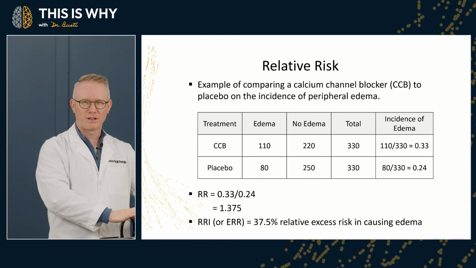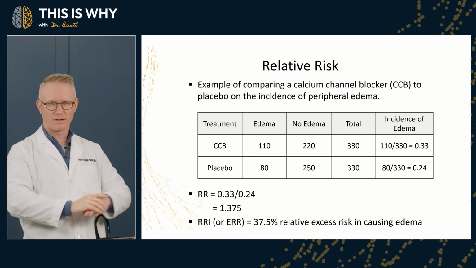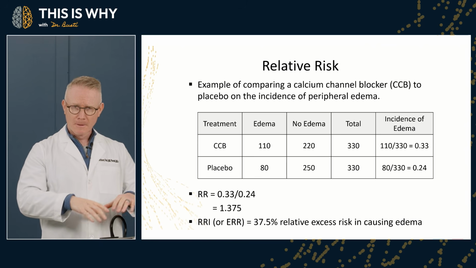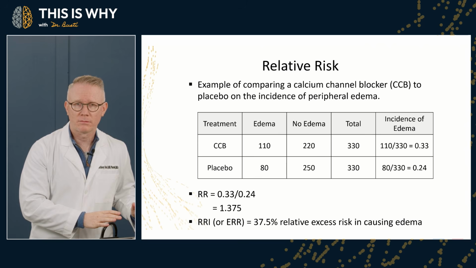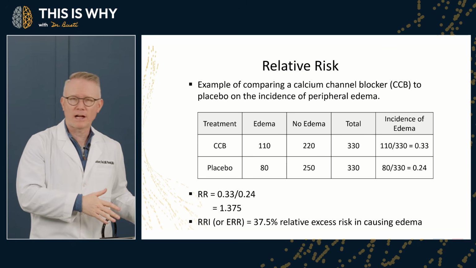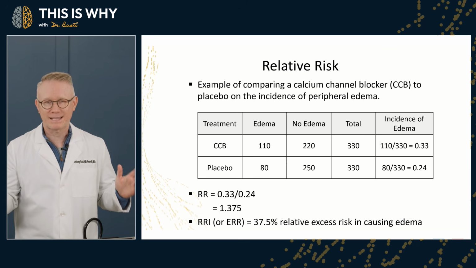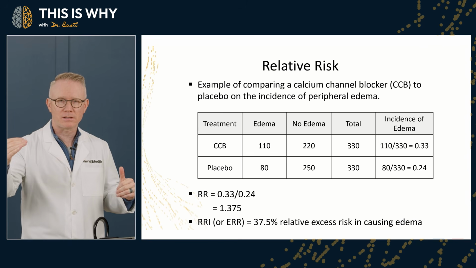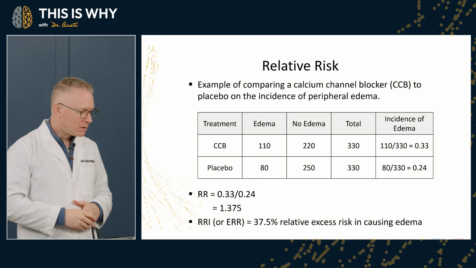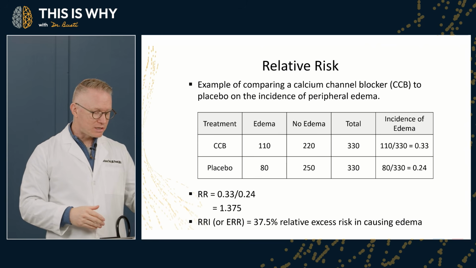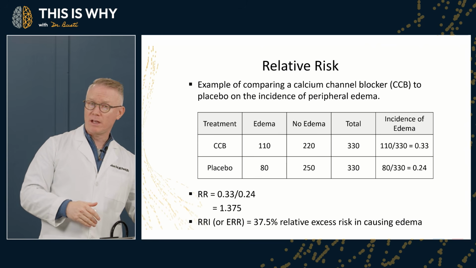I know you can see it on the slide if you're watching this on YouTube or video. But you already know that it's over 1. I don't know how much over 1 until I do the actual math, but it's over 1. I can see that. There's an excess, right? There's an increase.